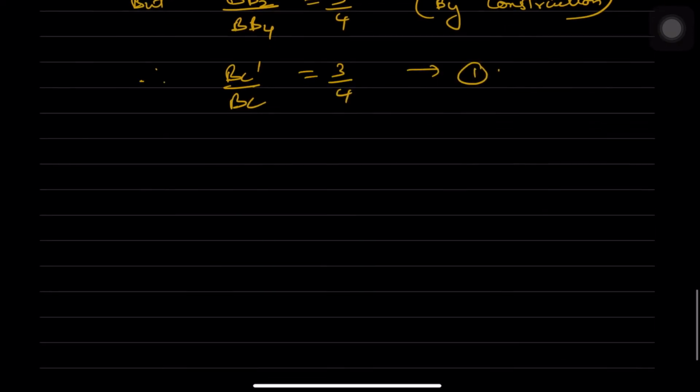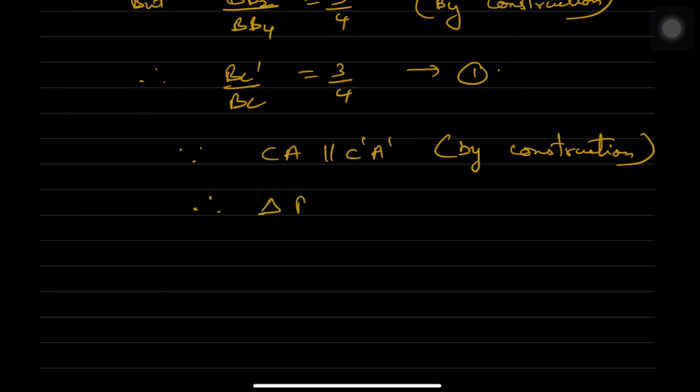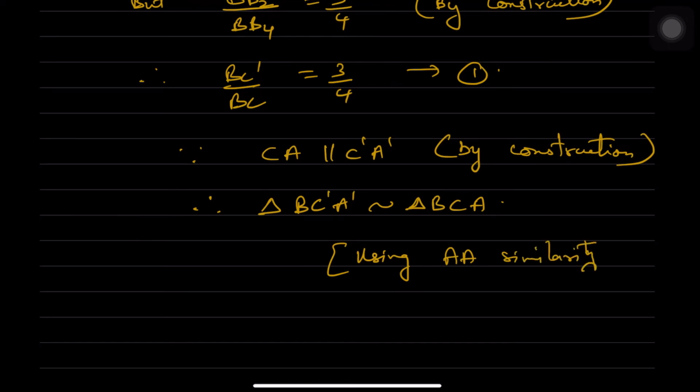Since BC dash by BC is equal to 3 by 4, and CA is parallel to C dash A dash by construction, therefore triangle B C dash A dash is similar to triangle BCA using the AA similarity condition.